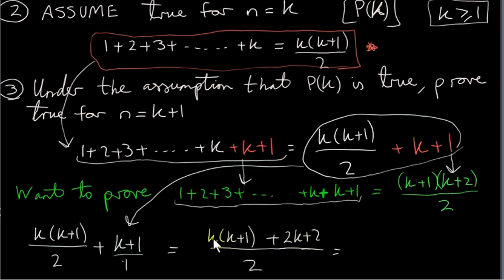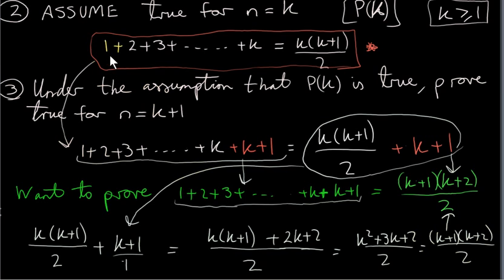And we can multiply this out. We get k squared plus k plus 2k. That's k squared plus 3k plus 2 over 2. And k squared plus 3k plus 2 over 2 can be factorized into k plus 1 times k plus 2 all over 2, which is equal to this here.